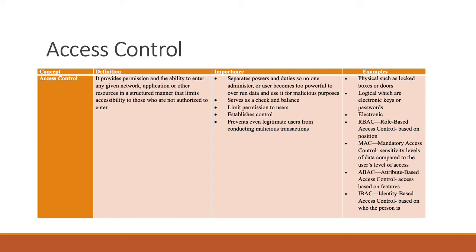Examples of access control can include physical locks, such as on boxes or doors; logical, which are electronic keys or passwords; RBAC, role-based access control, where access is determined based on the role of the employee; mandatory access control, or sensitivity levels of the data compared to the user's level of access; attribute-based access, which is access based on features; and identity-based access control, which is based on who the person is.